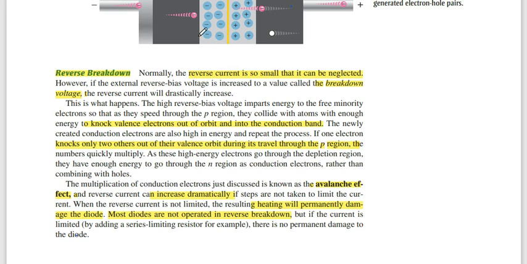Otherwise, if we apply a high enough voltage, the diode is completely damaged.